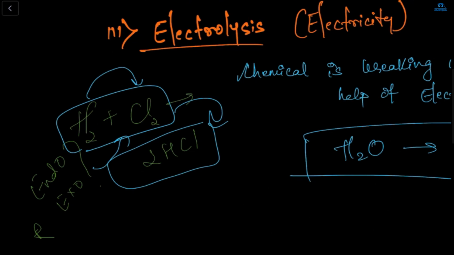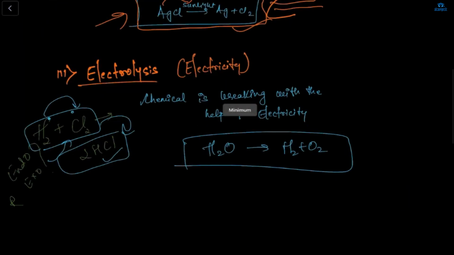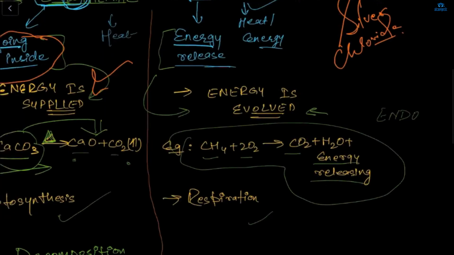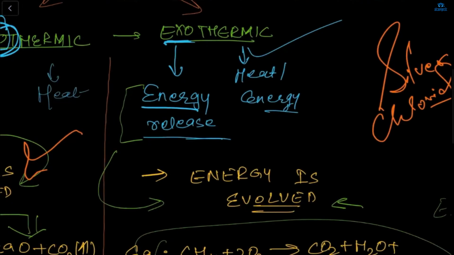It means the heat is released in this reaction. That's why hydrogen and chlorine producing hydrogen chloride releases heat, and when the heat is released, as per the definition, it is an exothermic reaction.